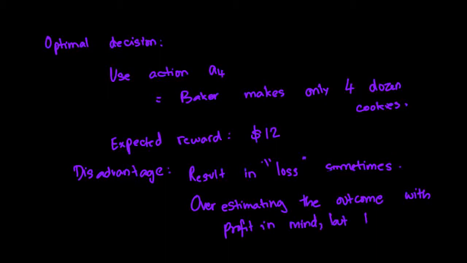But this might become disastrous. And why is that? So I end up overestimating. I end up choosing 4 dozen cookies, but what if every day I make 4 dozen cookies but I sell only 1 dozen per day?